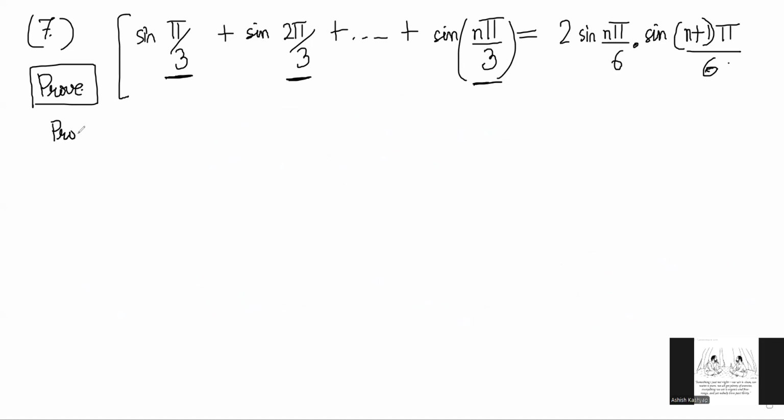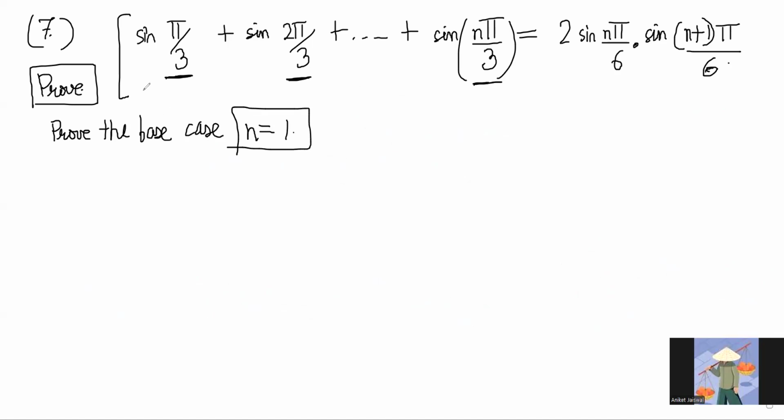Okay, prove the base case. What is the base case? n is equal to 1. Yes, sir. What is the left hand side in the base case? Sine pi by 3, which is equal to root 3 by 2.